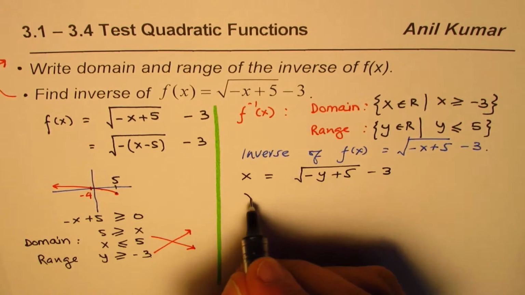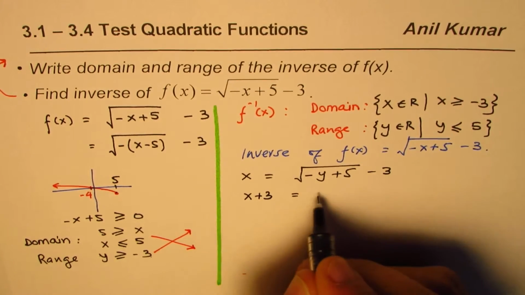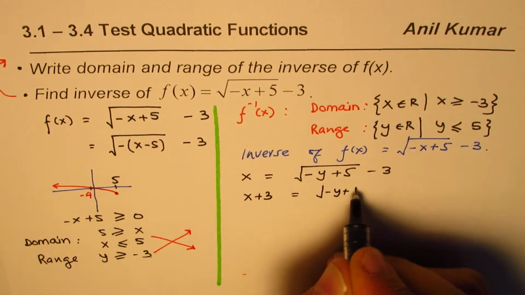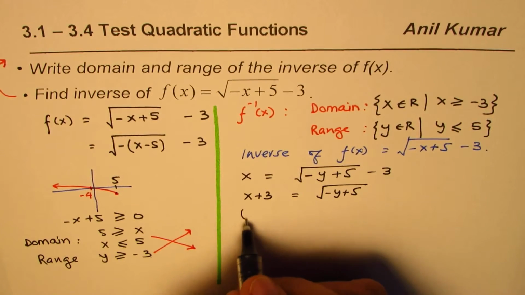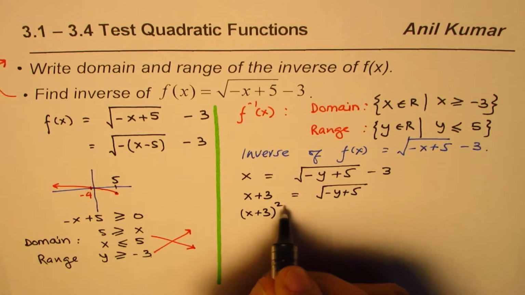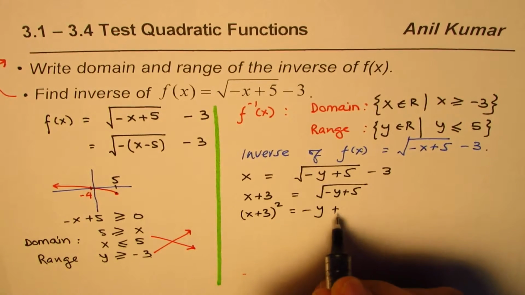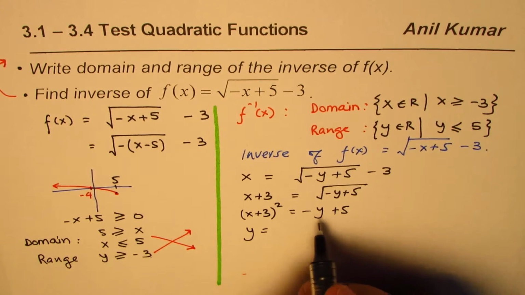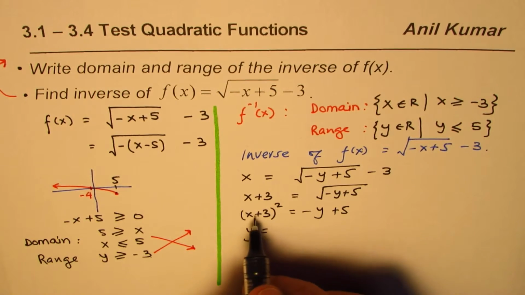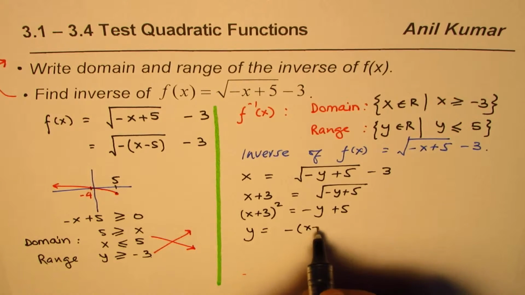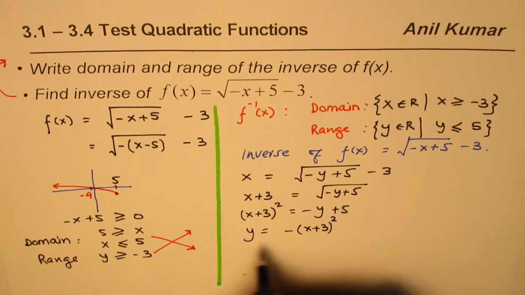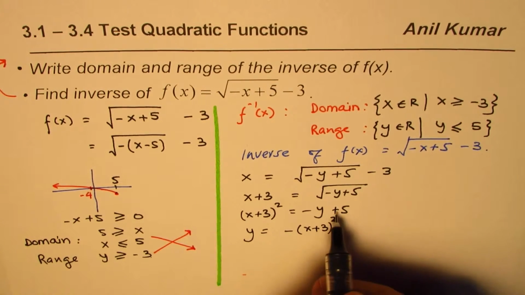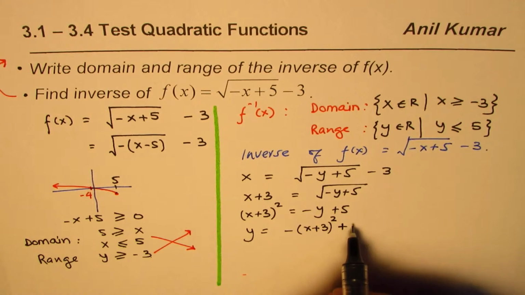So let's rearrange. We get x plus 3 equals square root of minus y plus 5. And now we'll square. So we get x plus 3 whole squared equals minus y plus 5. And we can bring y to this side. And we get y equals minus x plus 3 whole squared plus 5, right?